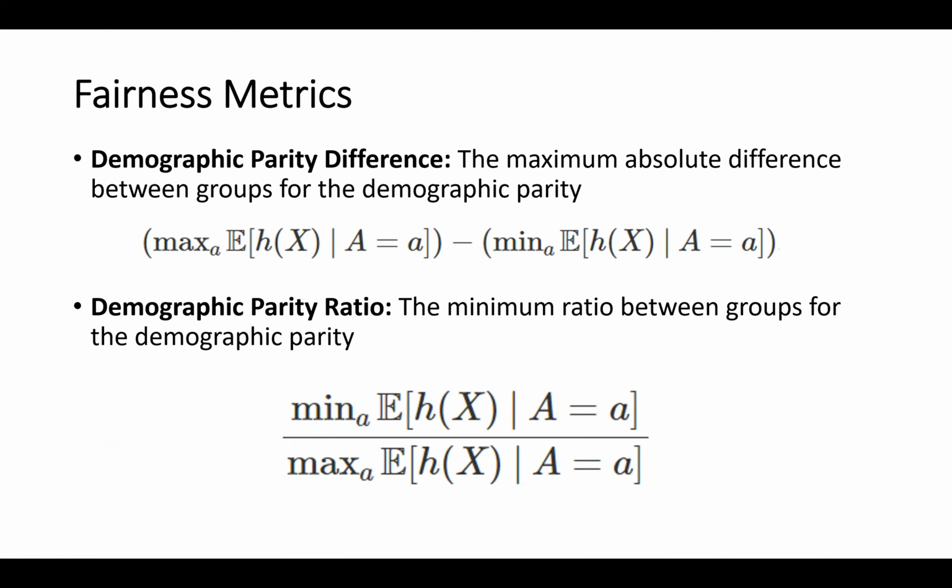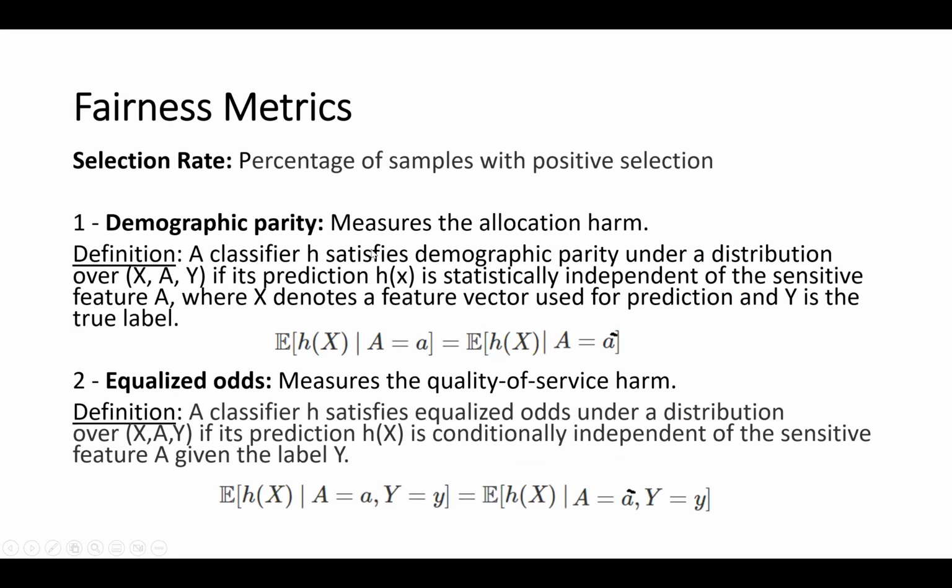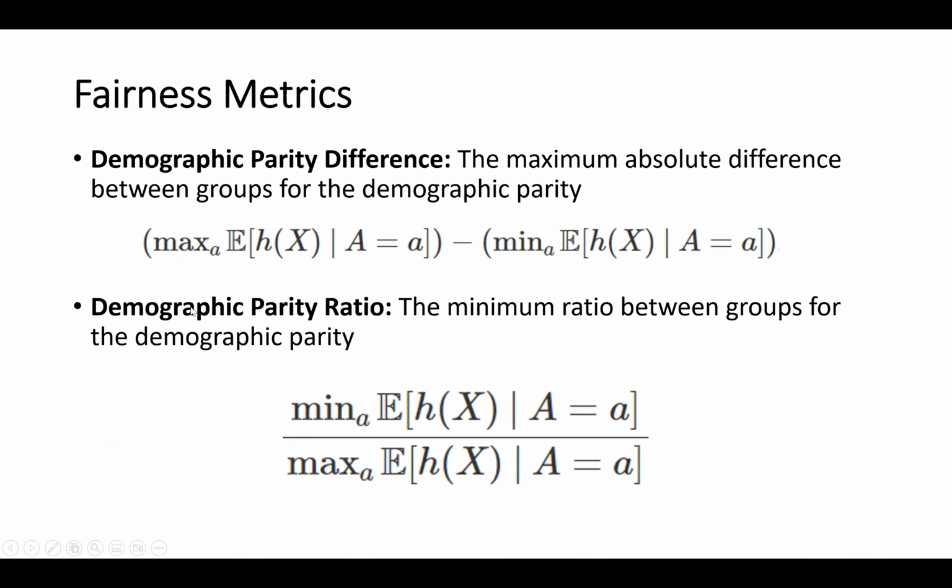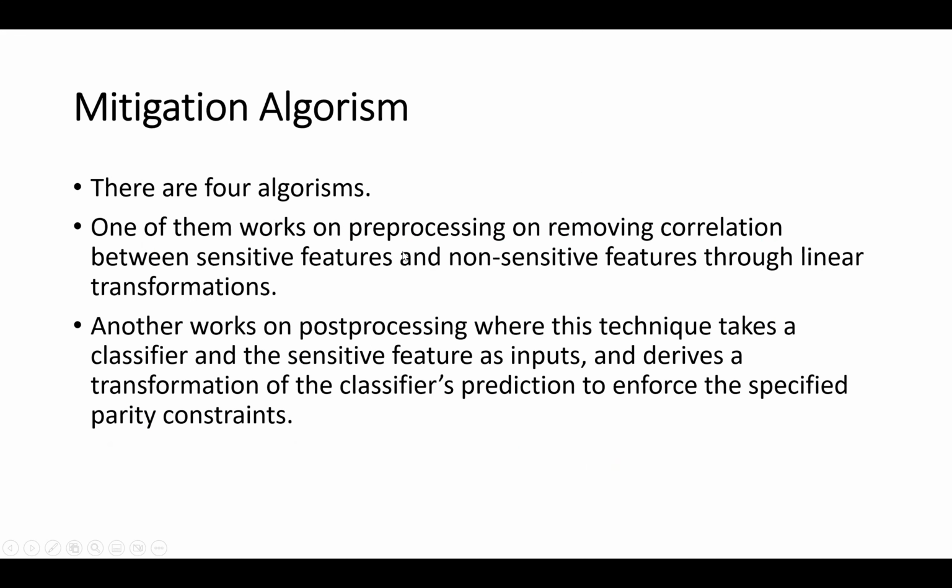And this is the limit or the boundary that the company, the machine learning board, will decide, whether your numbers are still fair or not. So you can measure the difference of these two numbers, or you can measure the ratio. If the ratio is 1, that means they are equal. This is called demographic parity ratio. So you can pick either of these two metrics, demographic parity difference or ratio.